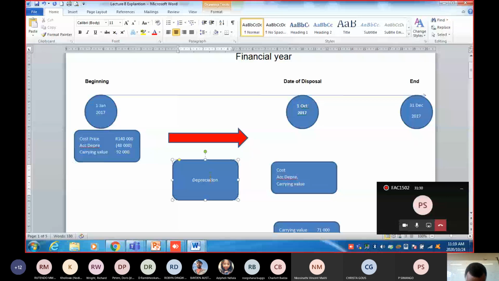Therefore, we must account for the depreciation on this asset that we have used for the 9-month period. To calculate the depreciation, the depreciation will be calculated as follows: 140,000 at 20% per annum, but only for a period of 9 months.